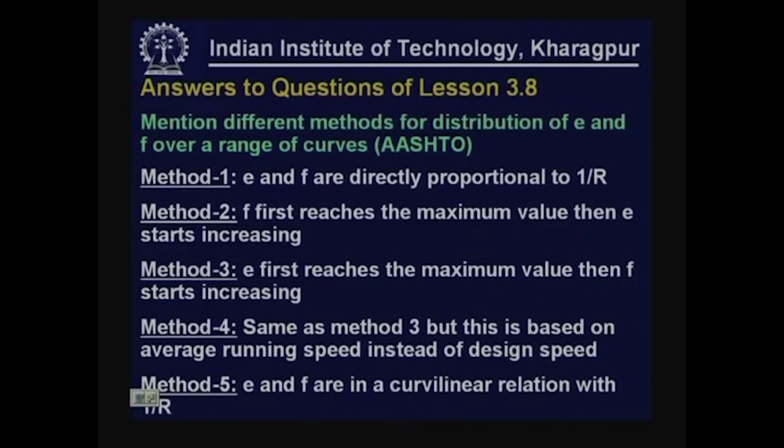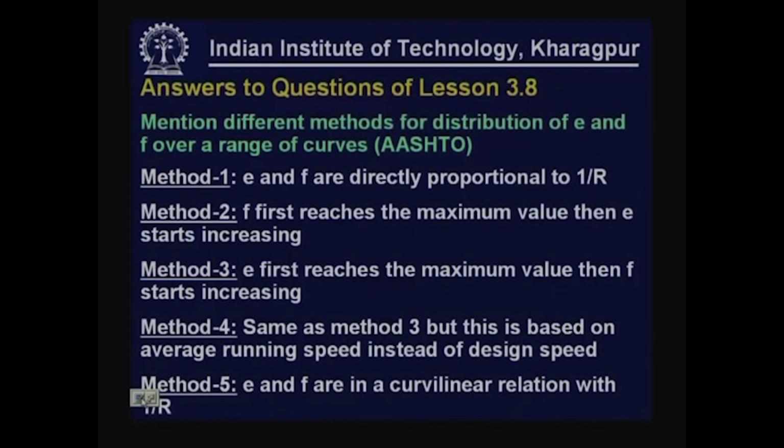Method 1, E and F are directly proportional to 1 by R, a very logical and rational method, but it is suitable when all vehicles in the traffic stream travel at uniform speed, even at tangent sections, at intermediate curvature, and even on circular curve portion, which is not a very practical assumption, because vehicles have a tendency to drive faster on tangents. So, therefore, that raises a question on method 1.